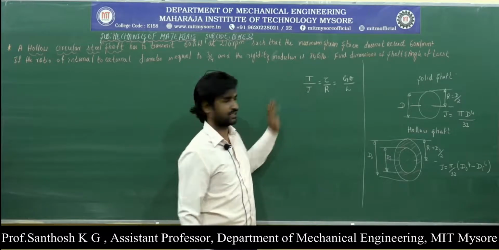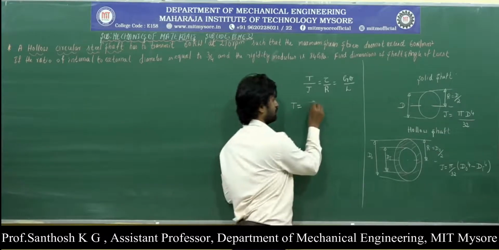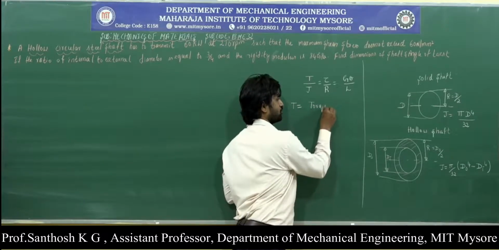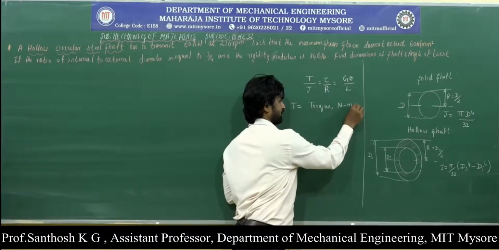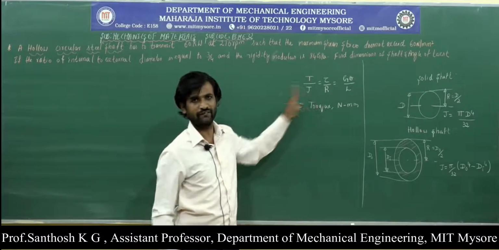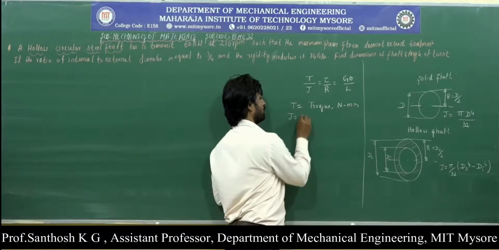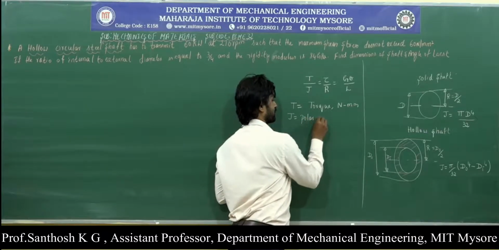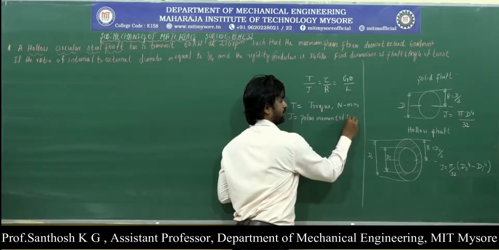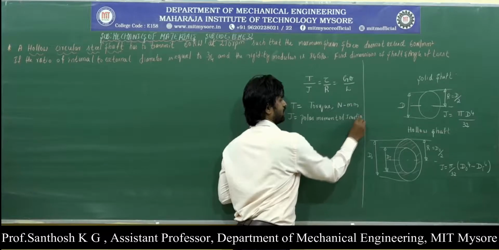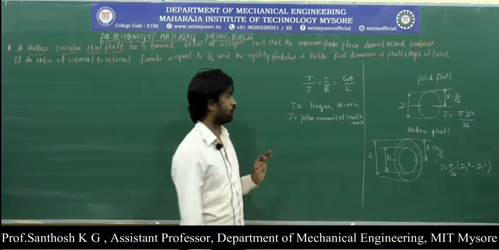In this equation, T always represents the torque and it should always be in terms of Newton millimeter. Then we have J, the polar moment of inertia, which should always be in terms of millimeter to the power of 4.